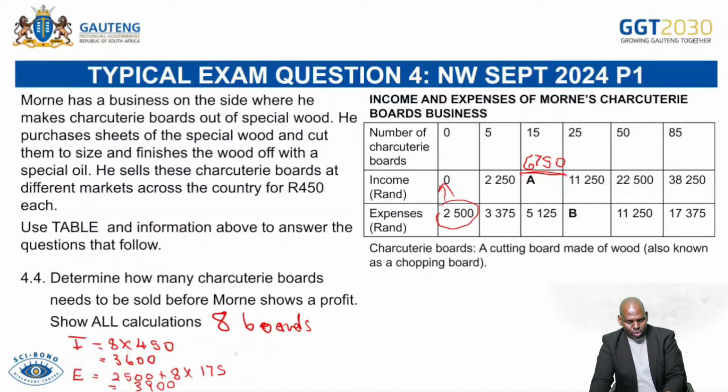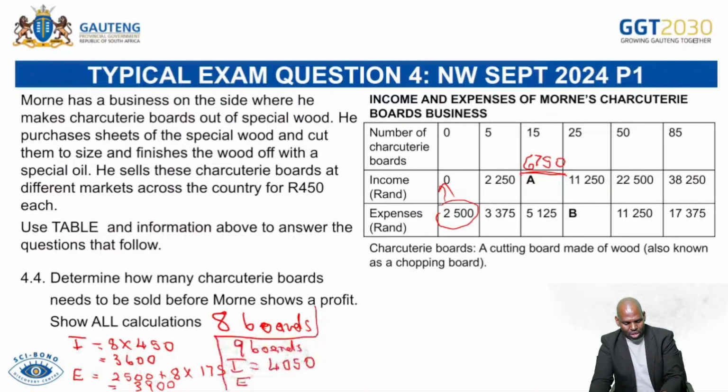So what if I go to 9 items? What about 9 boards? Income will be 9 multiplied by 450, then it's 4,050. And then what will be my expenses?